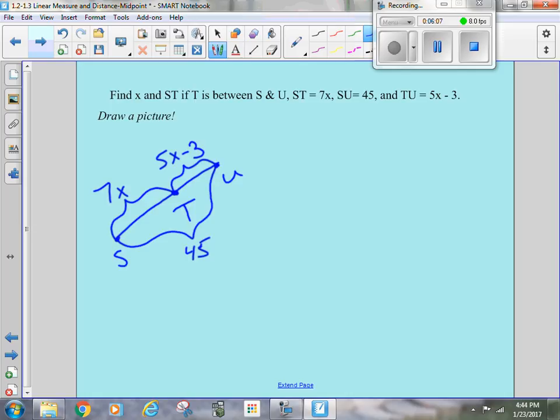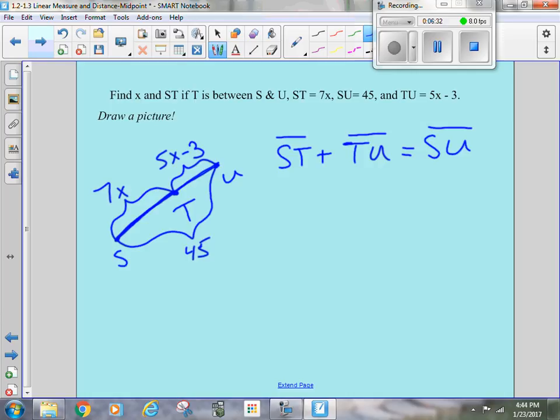From the previous question, we know that ST plus TU gives us SU. I'm going to say that again. Segment ST plus segment TU equals segment SU.